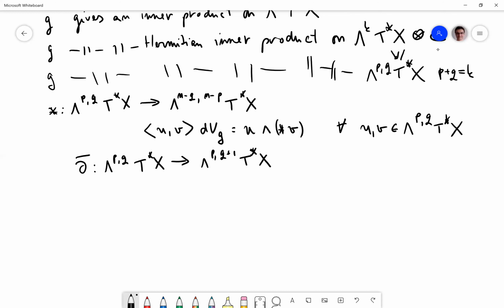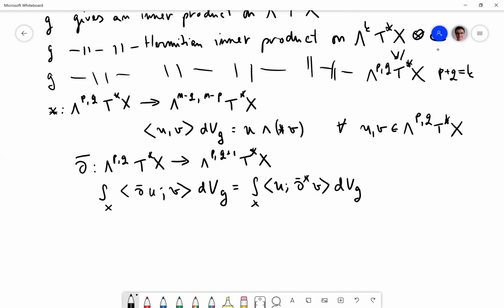So we can think about its adjoint. As we know, a formal adjoint has to exist with respect to the following inner product. So formally, this definition.